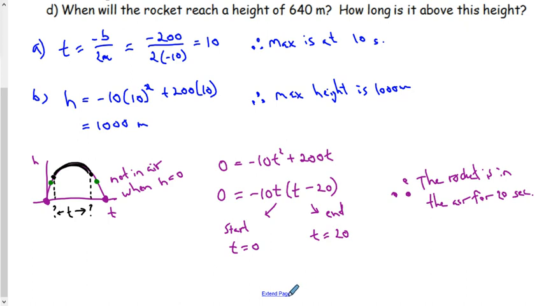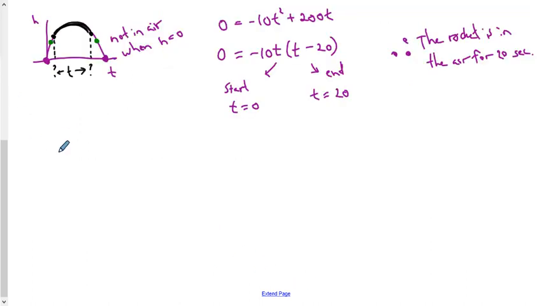We're going to take our equation and we're going to say, okay, this is d. I'm going to take my height and make my height 640 meters. So in my equation for height, I'm going to substitute in 640. And then of course I got my regular equation, negative 10t squared plus 200t.